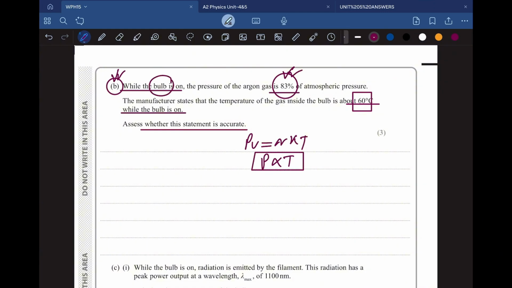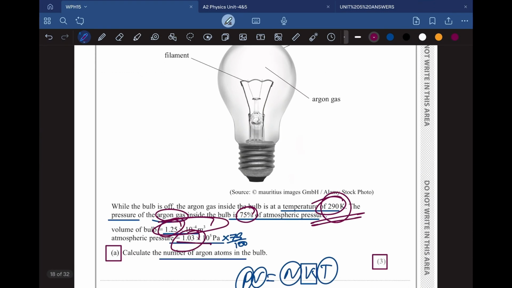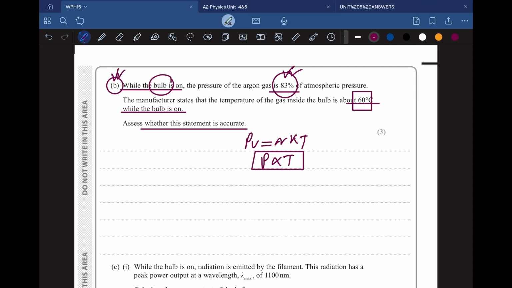Now between when the bulb is on and when the bulb wasn't on, the volume, the number of molecules, and this k value, all three of these are constant. Both of them are the same whether the bulb is on or not. So we can say pressure is directly proportional to temperature, so the pressure over temperature is equal for 1 as well as for 2.